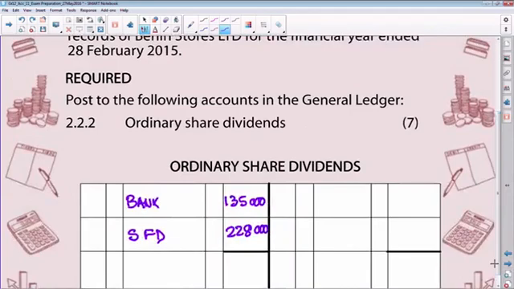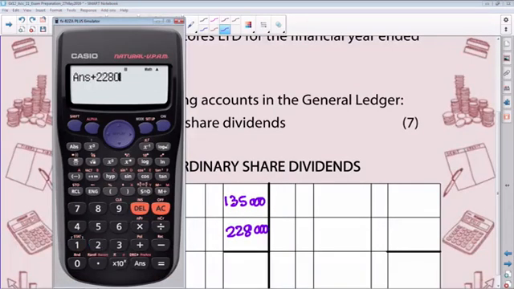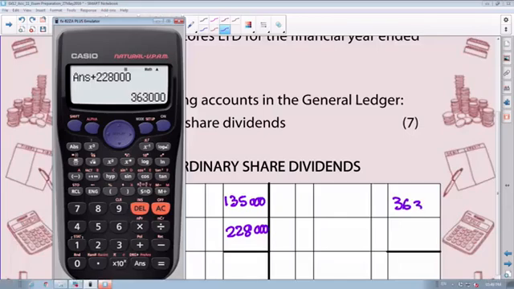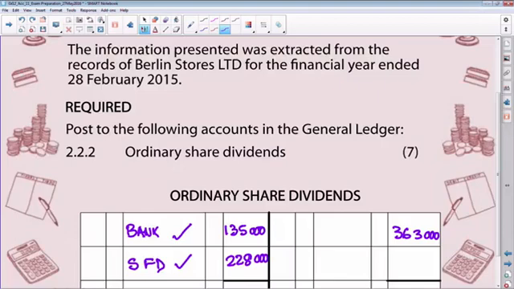Important information. Take your 135,000 plus 228,000, and this will give you a total of 363,000. What is the 363,000? That would be your total dividend for the financial year, your interim dividend and your final dividend. That means your expense in respect of dividends for this financial year amounted to 363,000, which goes where?